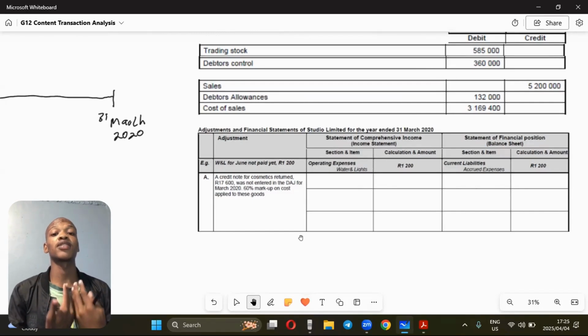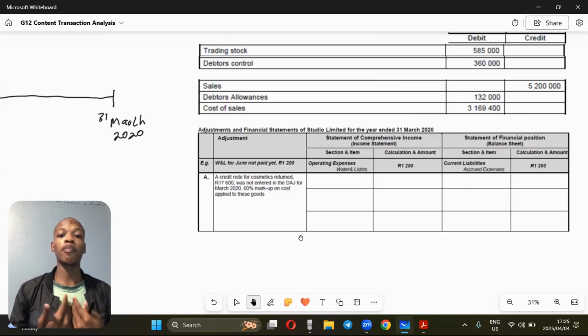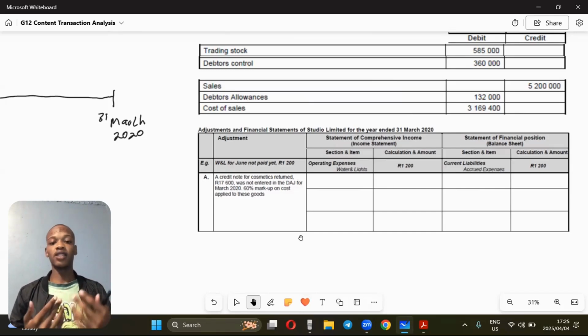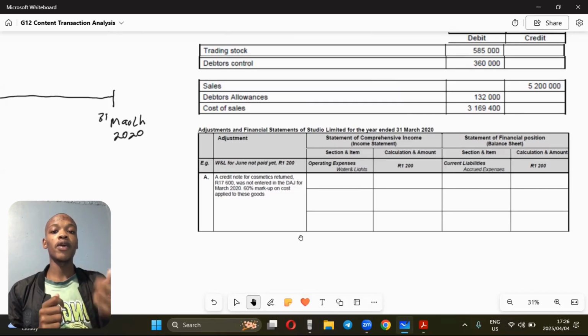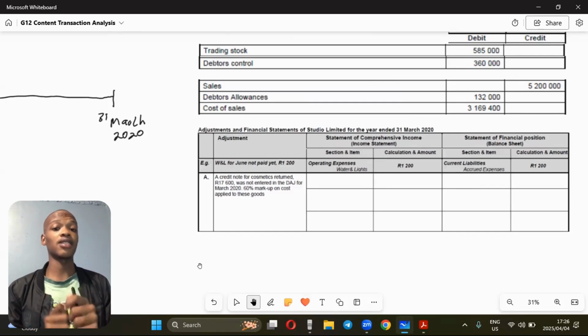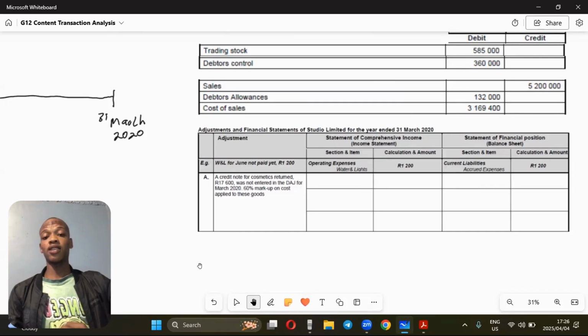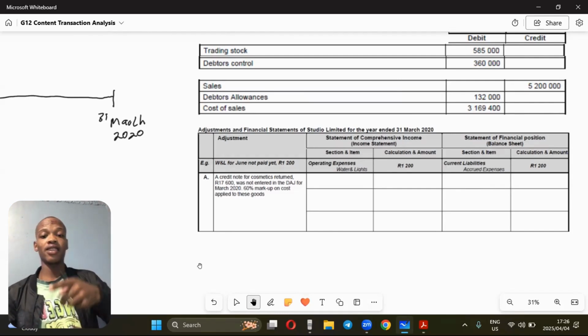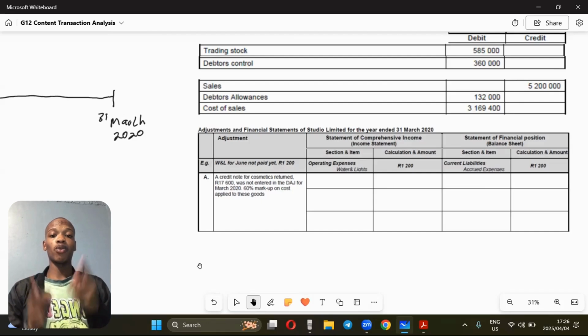Remember, in accounting, take yourself as a business owner, or as an auditor, a bookkeeper or an accountant. Have that mindset. A credit note is a document issued whenever an unsatisfied debtor is returning trading stock that was bought on credit.